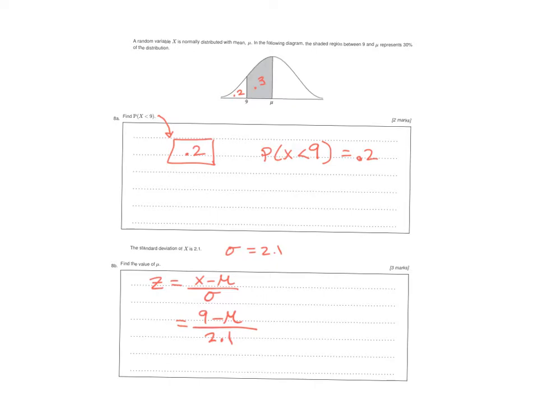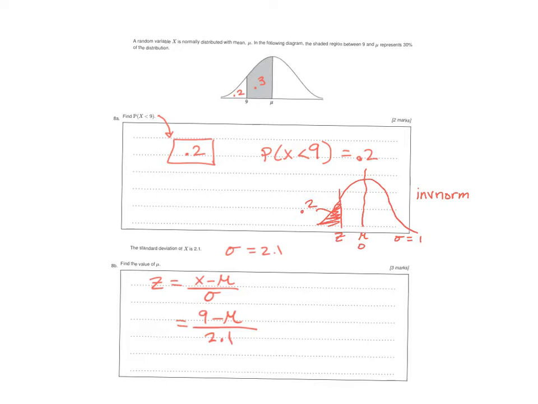So now we're considering the standardized normal curve, where we still have the same little section here, that's 0.2, and we're just saying, what's this z-score? Thinking about the mean being 0 and the standard deviation being 1. That's the standardized normal curve. So the way that we're going to do that is we're going to calculate the inverse normal.